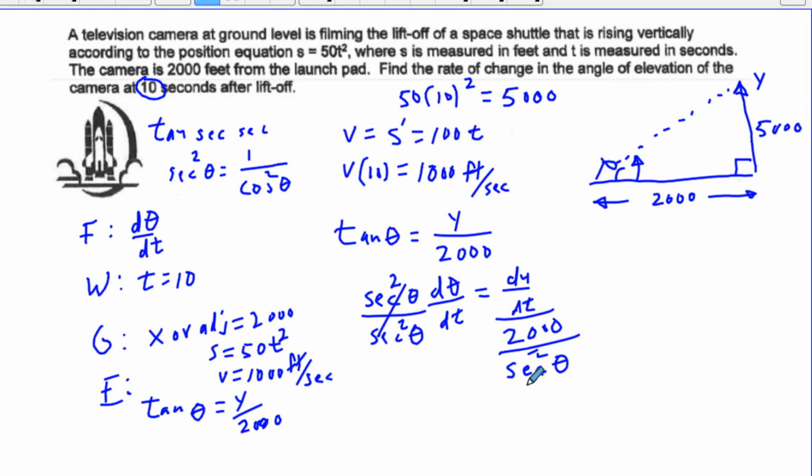Okay, so now what we're going to have is d theta dt, that's going to be equal to this. We have v prime dy dt, that's 1,000 feet per second divided by 2,000.